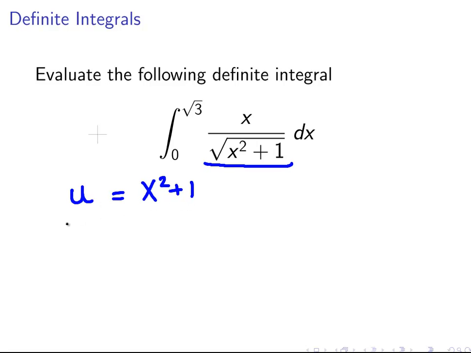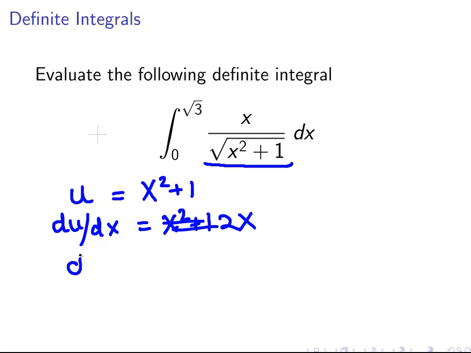First off, we're going to differentiate both sides. So du/dx equals, sorry, it's actually 2x, silly me. Now I'm going to multiply both sides by dx, so we have du equals 2x dx.